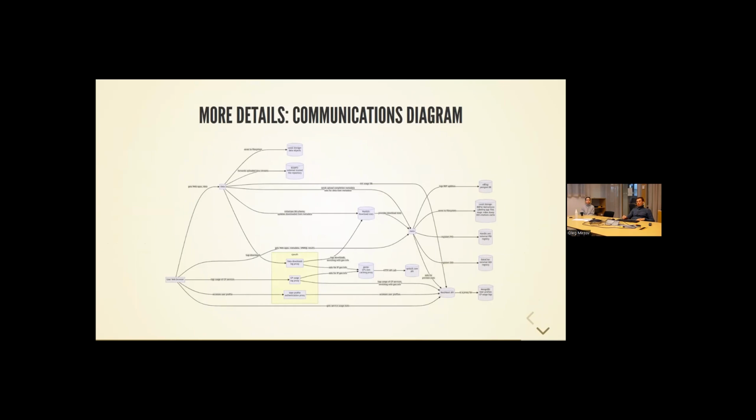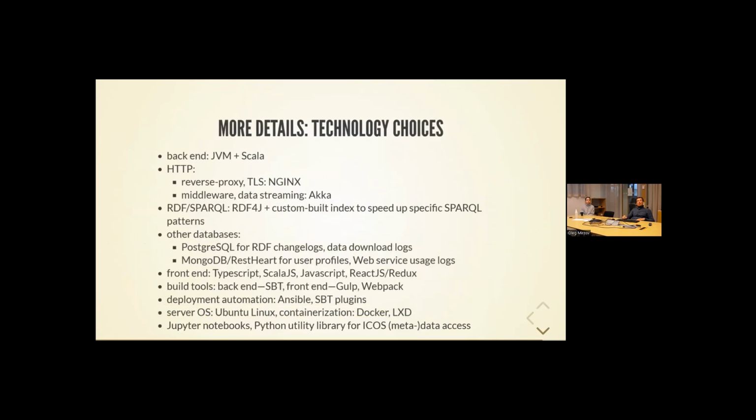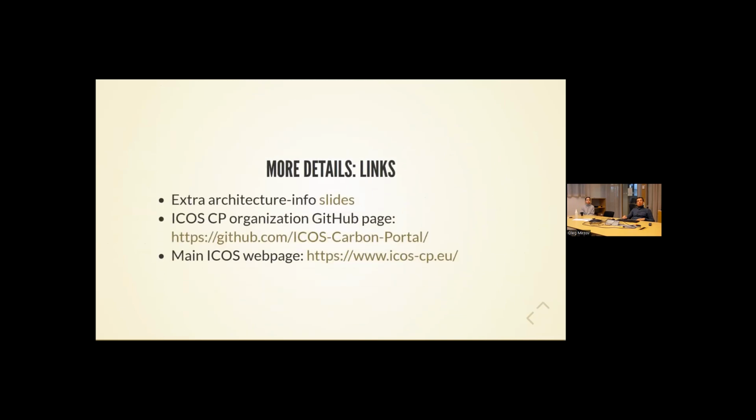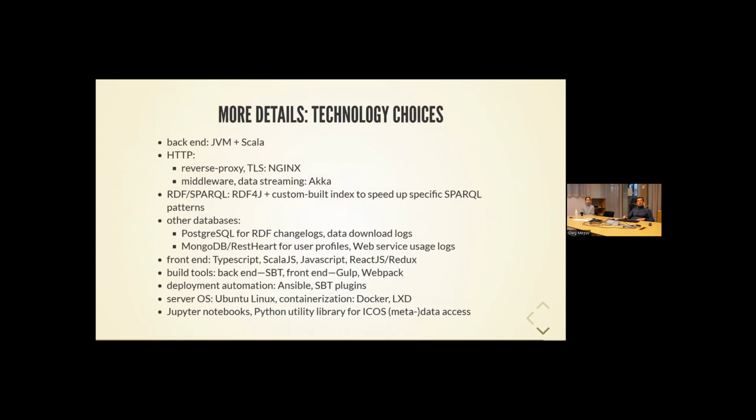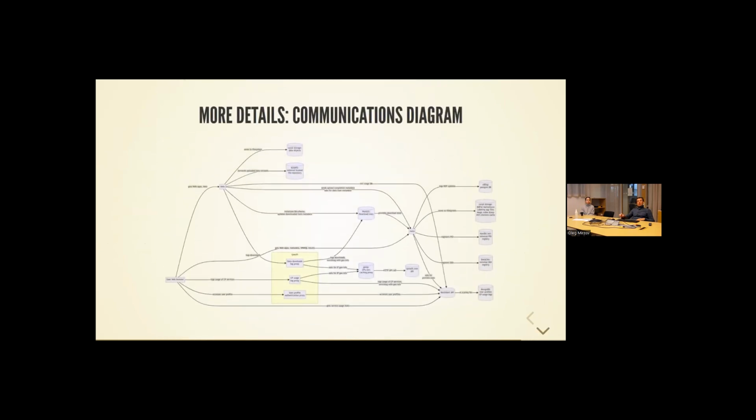I will mention that I made a few other slides, which are, you could say, more details, but these are basically reference information. This is mostly of interest internally for us developers, the so-called communication diagram. This is every single piece of software we use in our core services and how they communicate with each other and the web browsers of the users and so on.